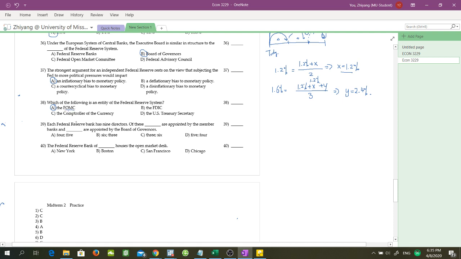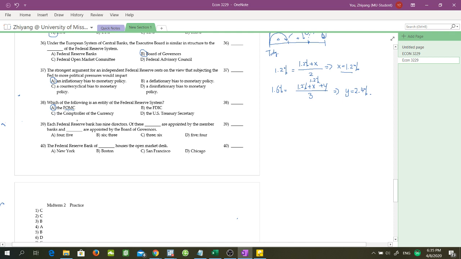If you remember, FOMC makes the monetary policy, the open market policy for the Fed. It consists of the board of governors, 7 of them, and 5 presidents of the regional Federal Reserve banks. So it is completely under the Federal Reserve System.